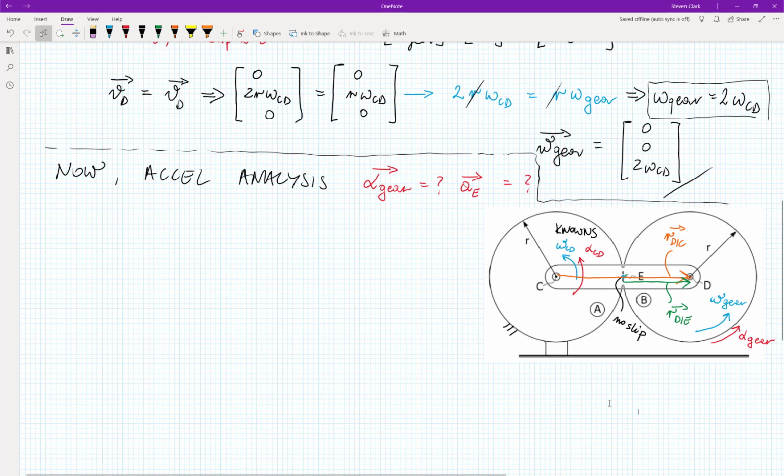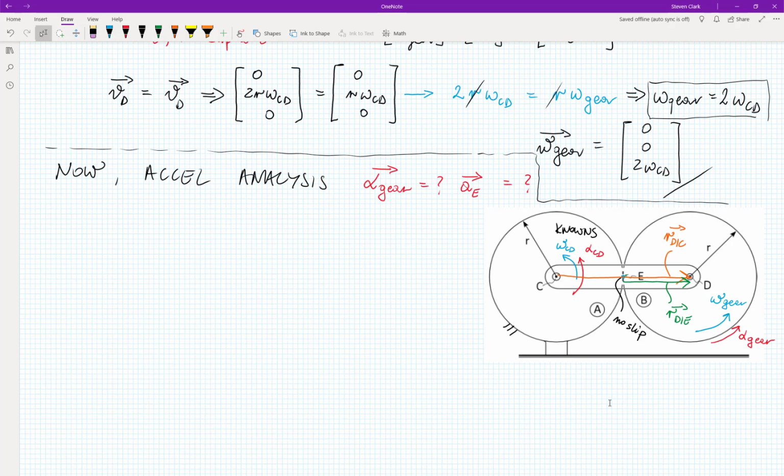Okay, so in order to solve for these 2 parameters, I would like to express acceleration of point D in 2 different ways. But before I do that, I see that there's one more question. Yes, Nicole. I see.